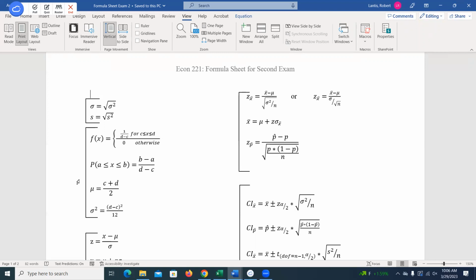A good thing when you're studying for the exam is to have the formula sheet in front of you, and right next to this, remember C and D are the minimum and the maximum. So if I'm looking for the middle value, just take the maximum, add the minimum, divide by 2, and that gives me the middle value.